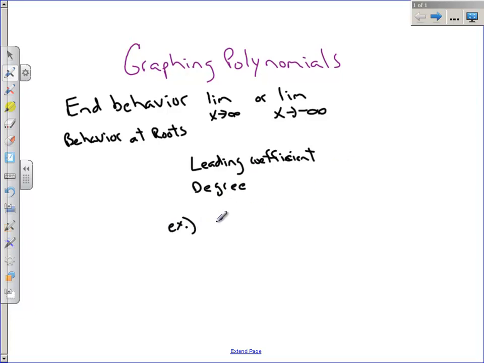If you have a polynomial, let's just say 2x to the 7th, our leading coefficient, LC, is positive, and our degree is odd. In this case, the graph goes down to the left, and we're talking about zooming out, and then up to the right. So as we approach negative infinity, the graph goes straight down. As we approach positive infinity, the graph goes straight up.